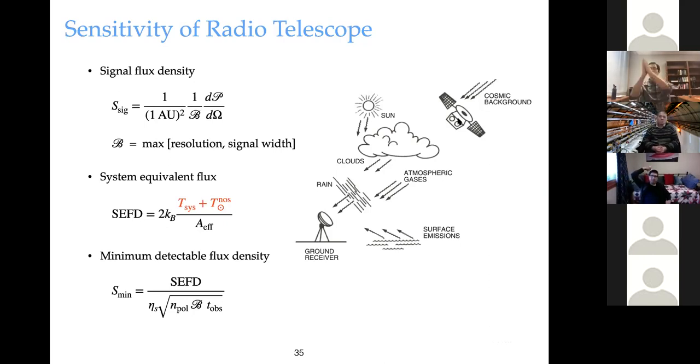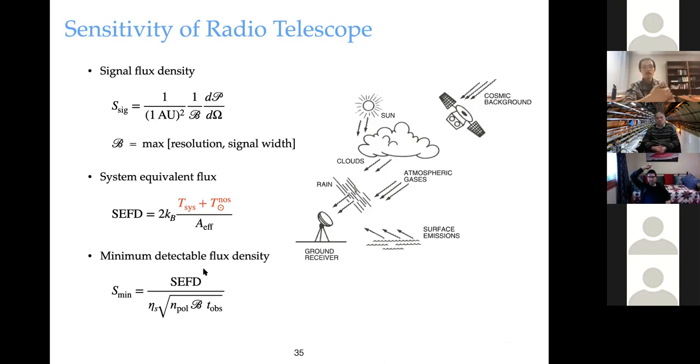And also, because your telescope is aiming at the sun, you also get a very noisy background from the sun emission, right? Usually your telescope, in order to observe other stuff, you want to avoid the sun. But if you observe the sun, we are saying that they possibly have signal. So the minimum detected flux is the system equivalent. The most naive way is if your signal is larger than your system equivalent flux, you get a signal.